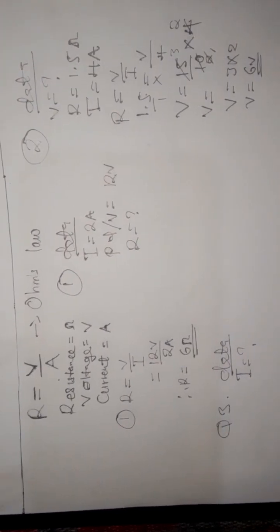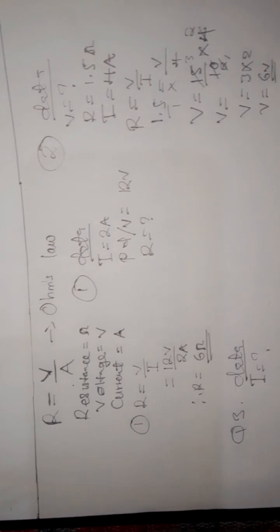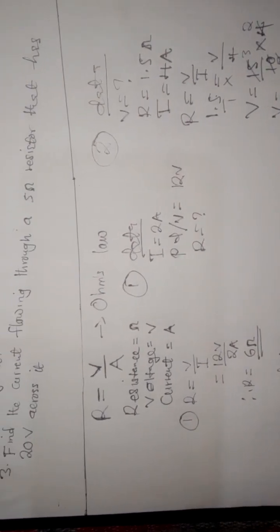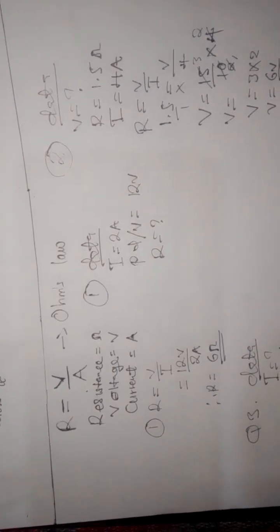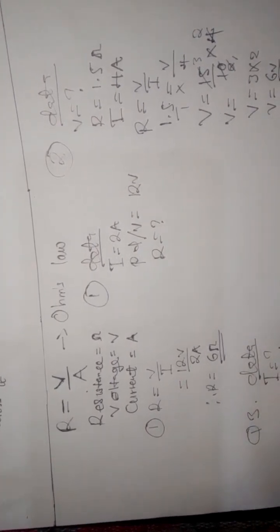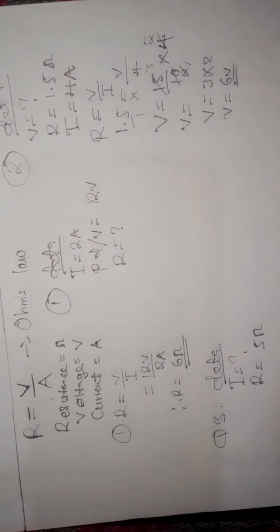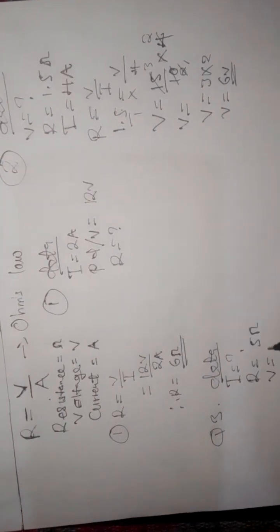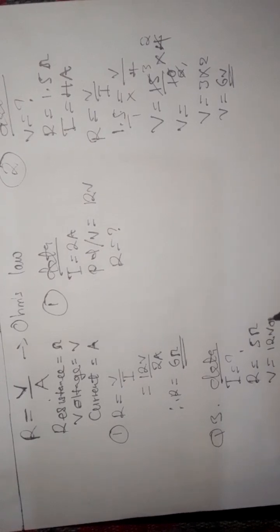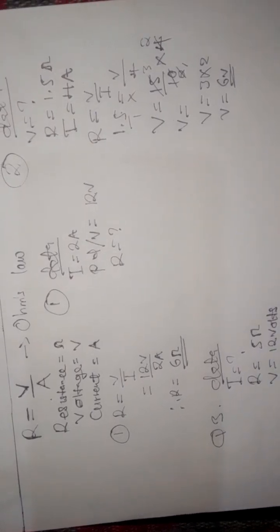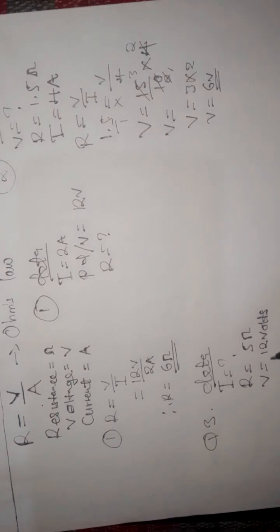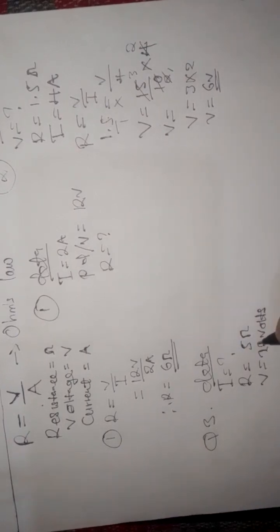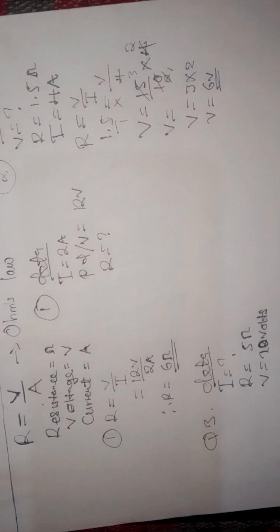They say we have a resistance of 5 ohms. Then what else do we have? They are saying voltage is 12 volts. If we check the question, it's 20. Voltage is 20. So you can say it's 20 volts.